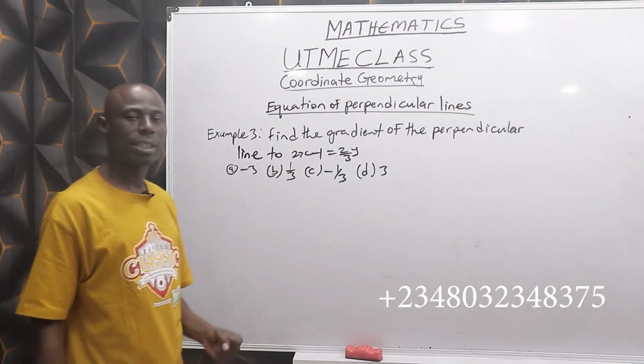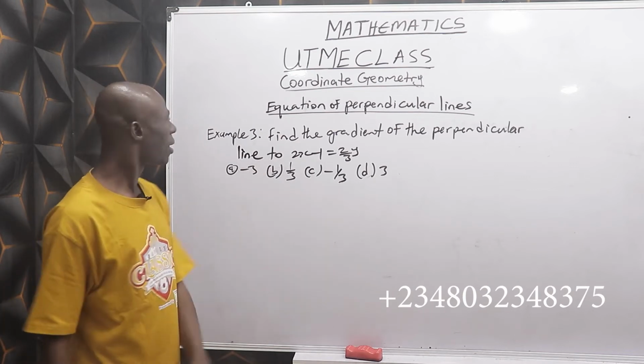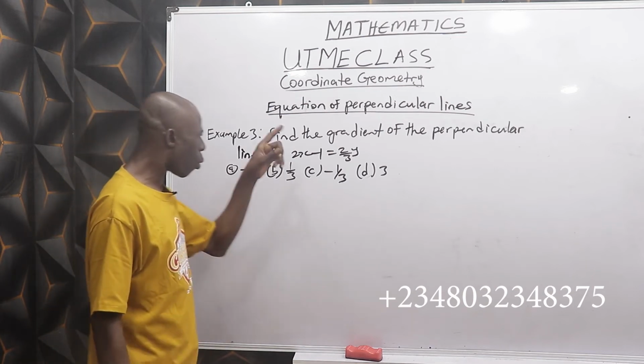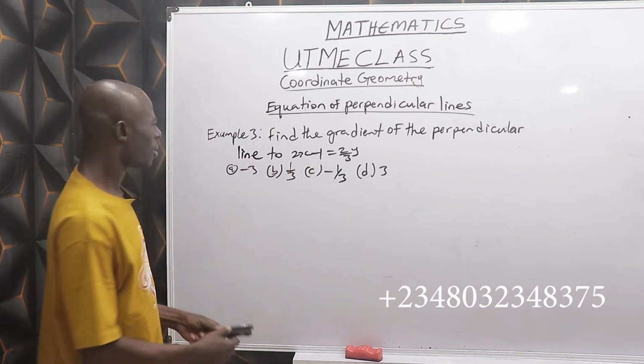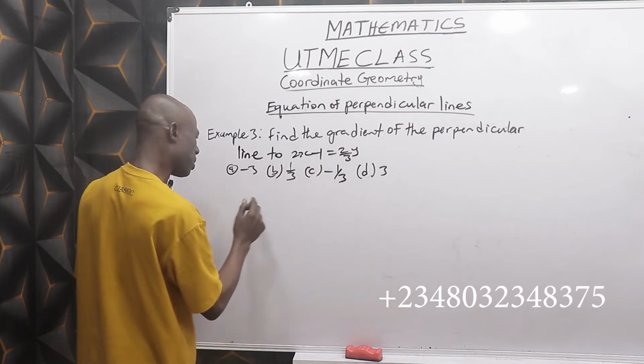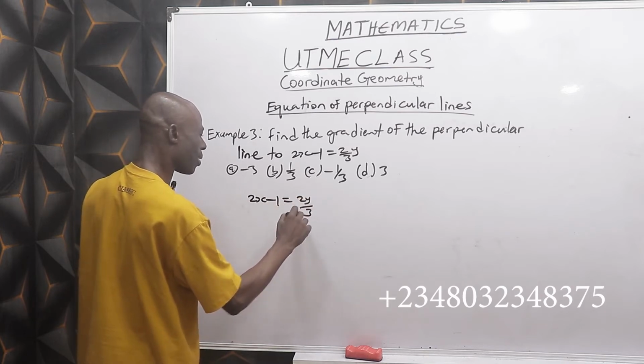Let's consider example 3, which is going to be the last example I'm going to give you on this. Find the gradient of the perpendicular line to this line. So let's find out the gradient of this line itself. 2x minus 1 equals 2y/3.